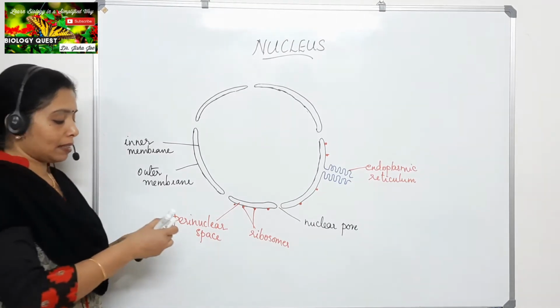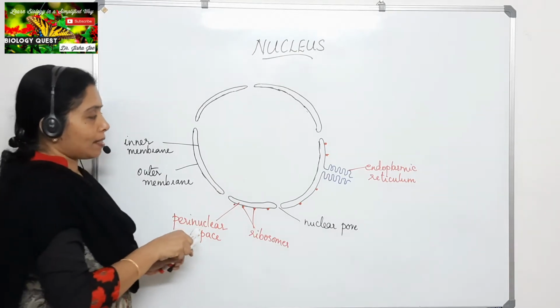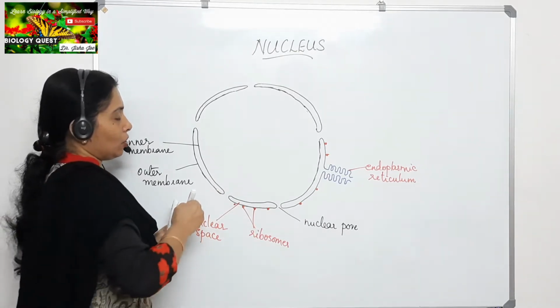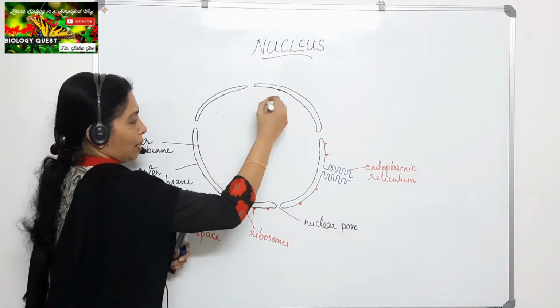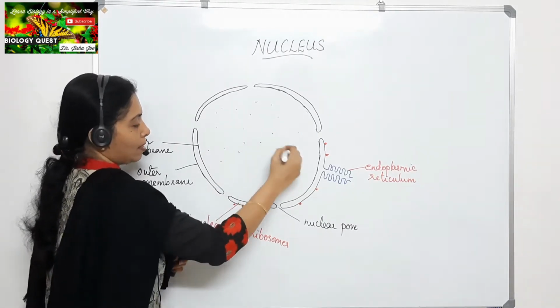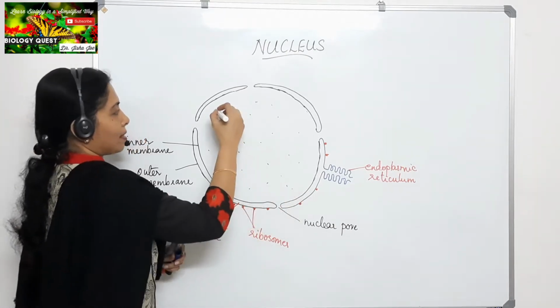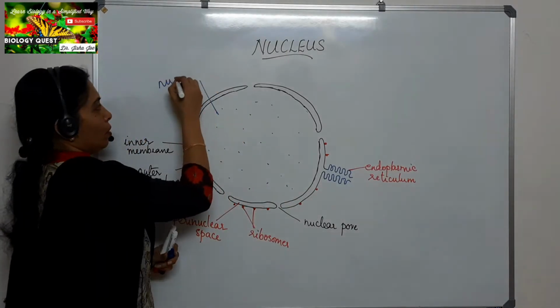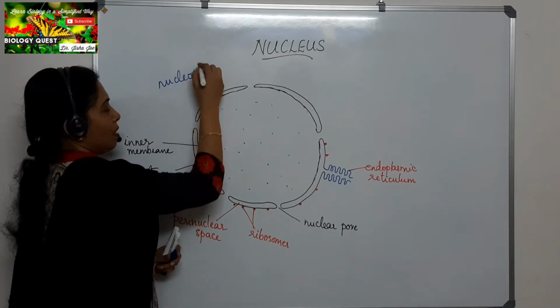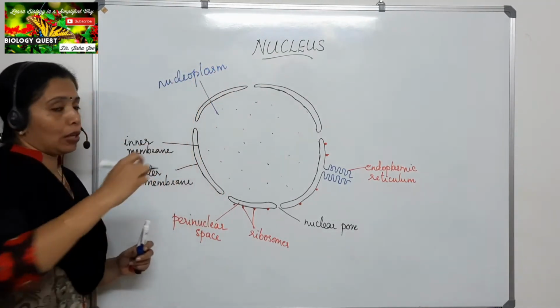Now, if you look at the inner region of the nucleus, there is a fluid matrix. It is filled with a fluid substance, and this fluid is called the nucleoplasm. Nucleoplasm is the fluid present inside the nucleus.